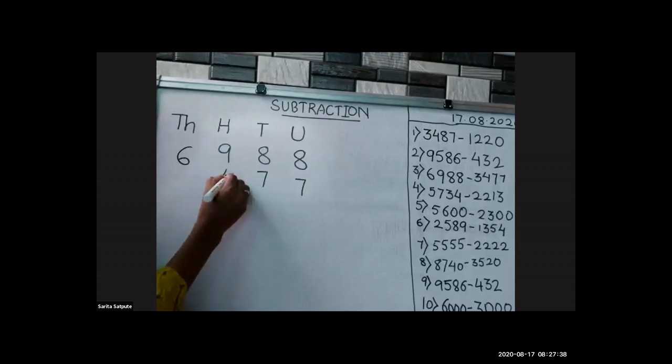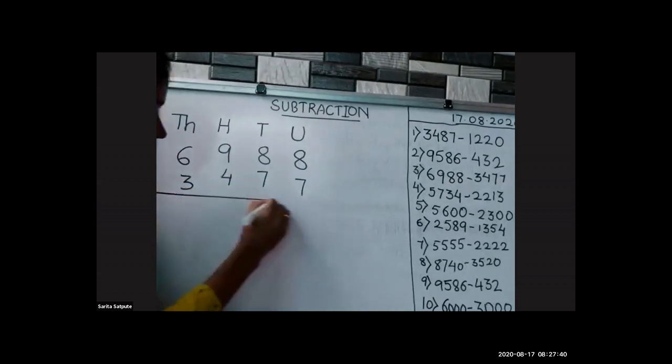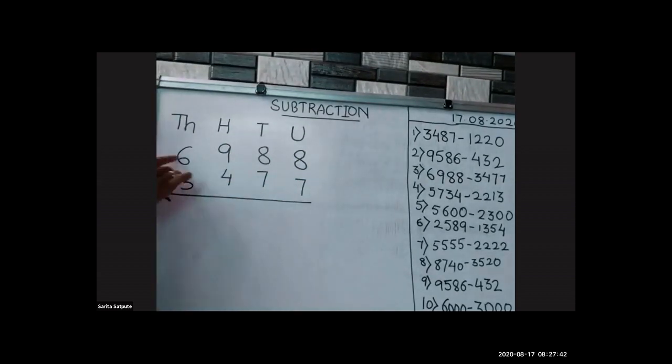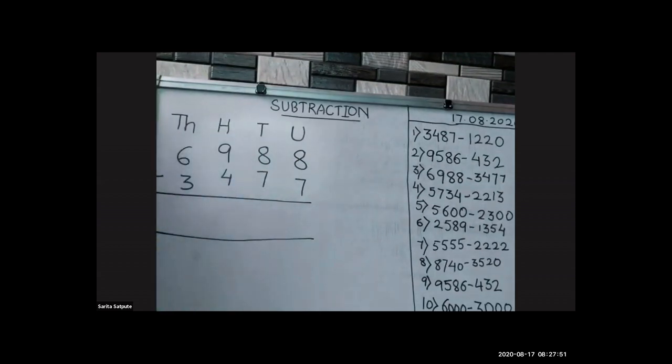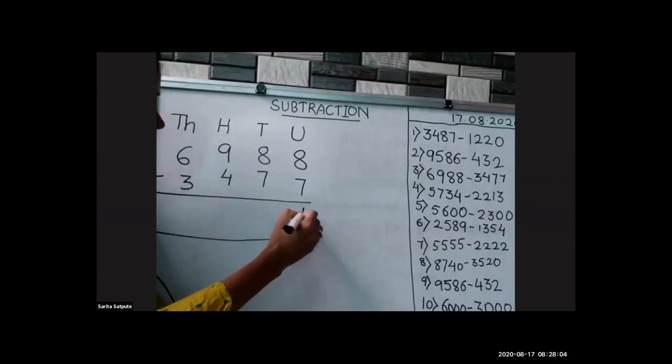So I have written here 6988 minus 3477. Now Ragini will tell me, 8 minus 7, what will you get? 1. Yes, very good, Ragini.